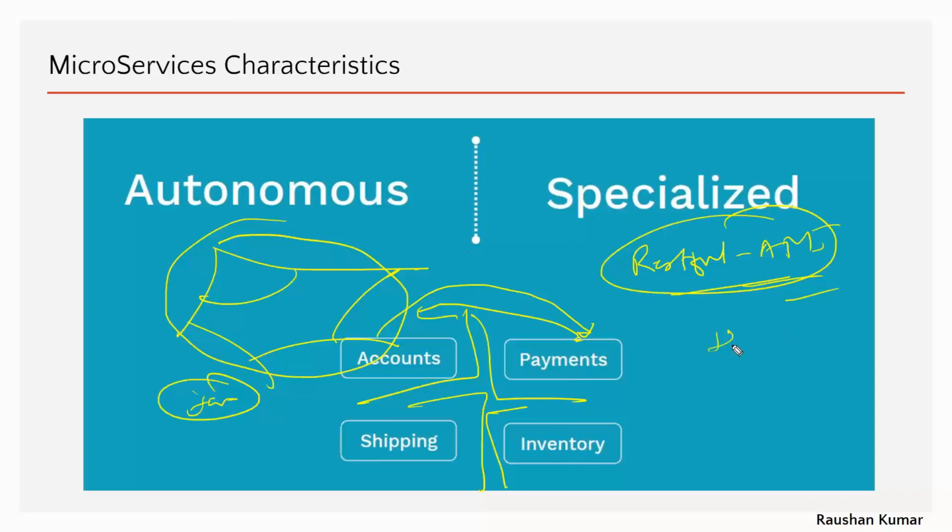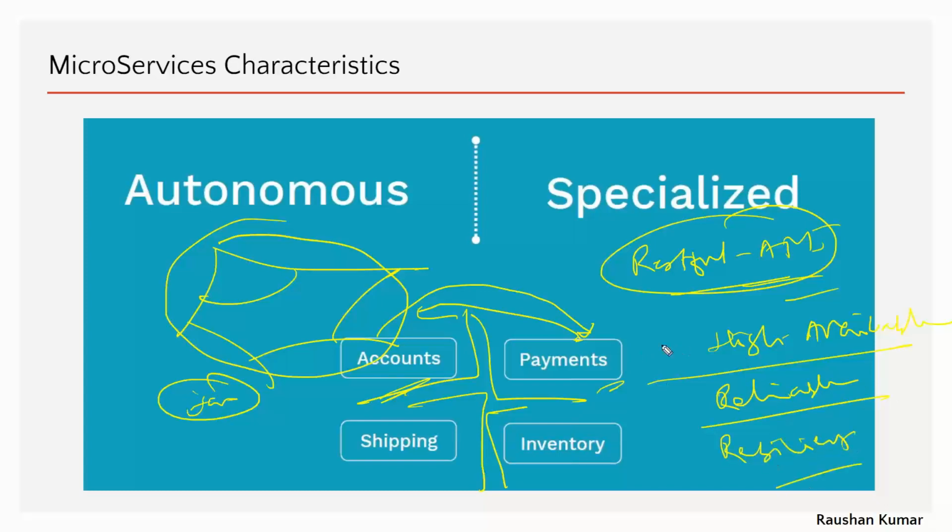They make highly available applications. You will not have downtime. If one module is not working, it's not going to impact other modules. Highly available, reliable, resilient applications. They're all the properties of microservices because of this core architecture, because they are not highly dependent. They are independent, in fact.